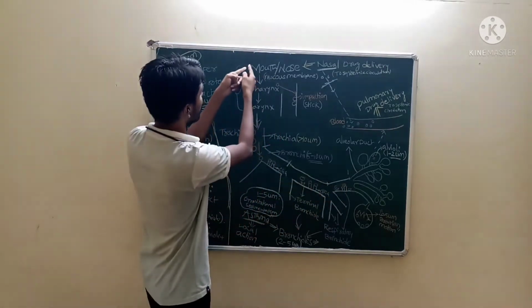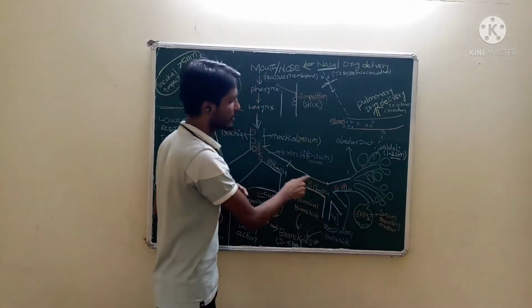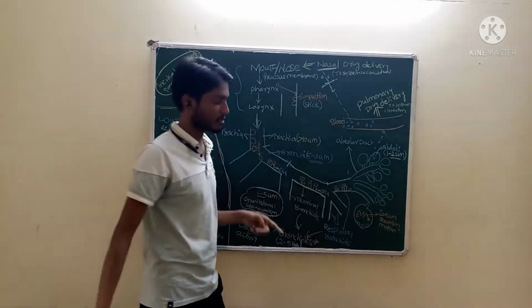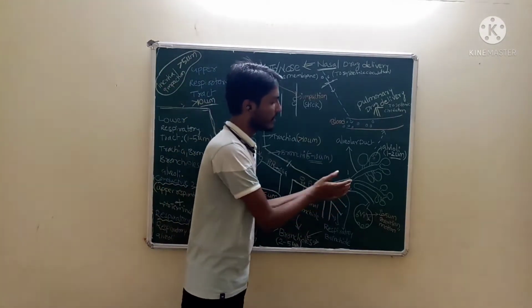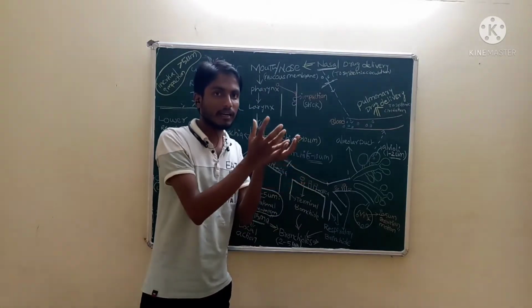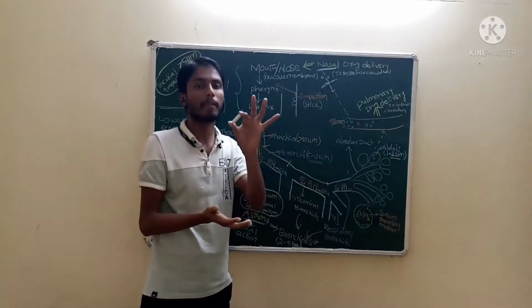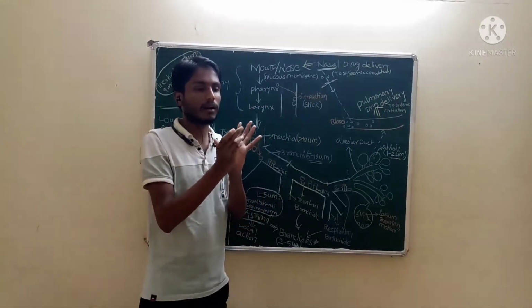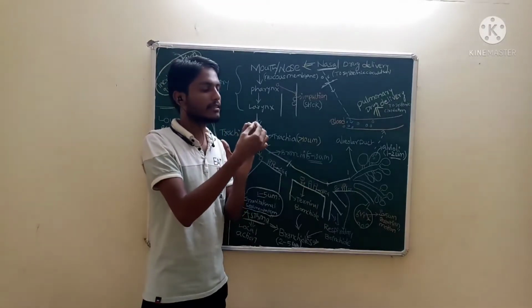Then the cilia will move these particles like this, up to the mouth. Thereby the particles deposited here will be expelled out from the respiratory system due to the presence of cilia and mucus.